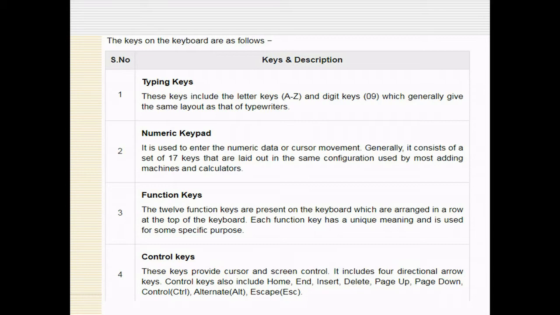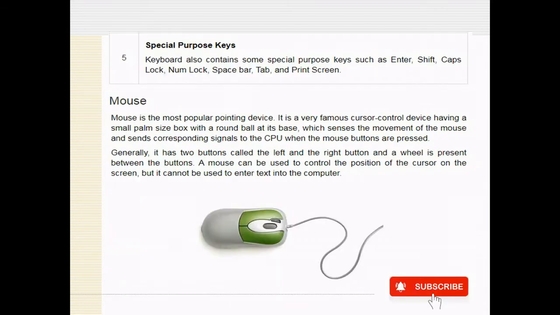It includes four directional arrow keys, control keys, and also includes home, insert, delete, page up, page down, control, alternate, escape. Special purpose keys. Keyboard also contains some special purpose keys such as enter, shift, caps lock, num lock, spacebar, tab, and print screen.